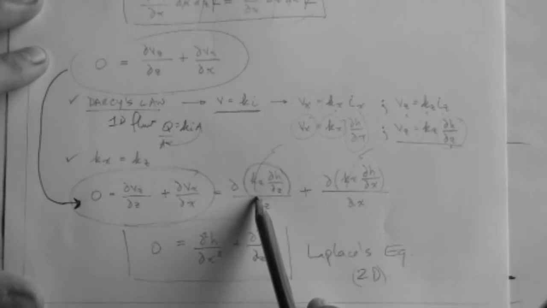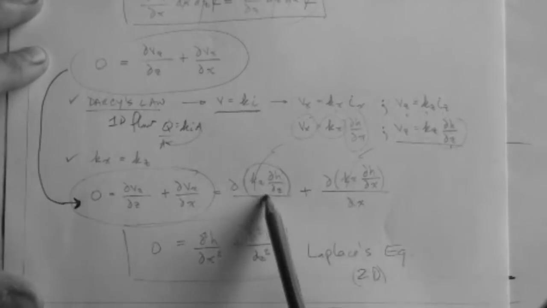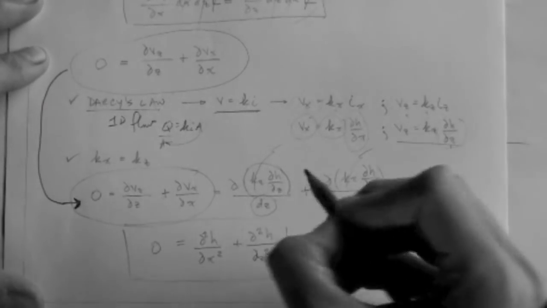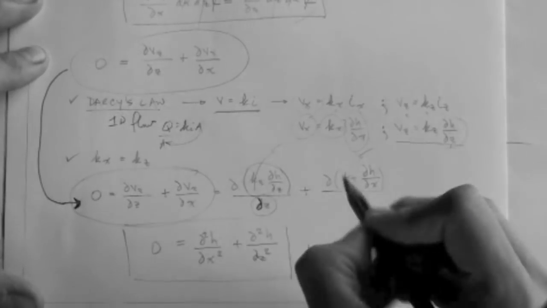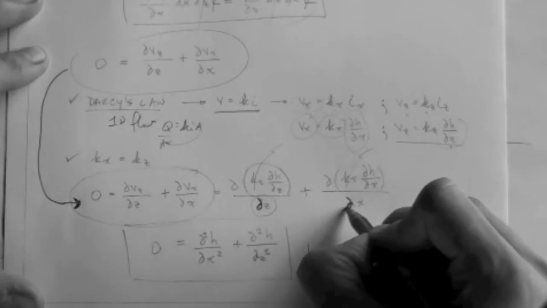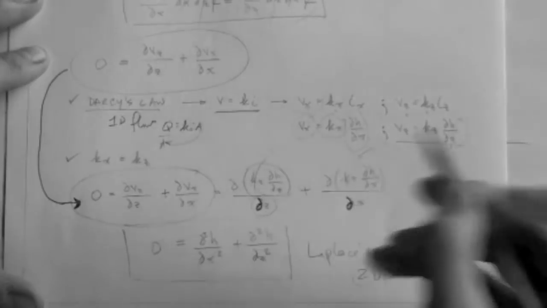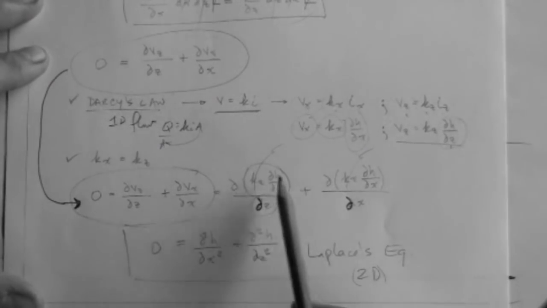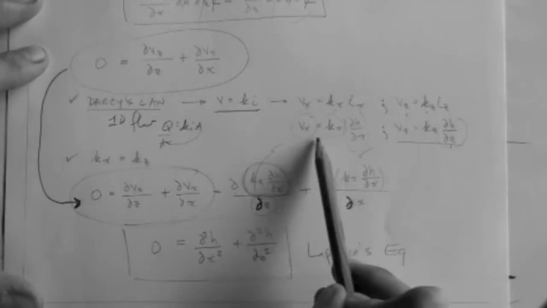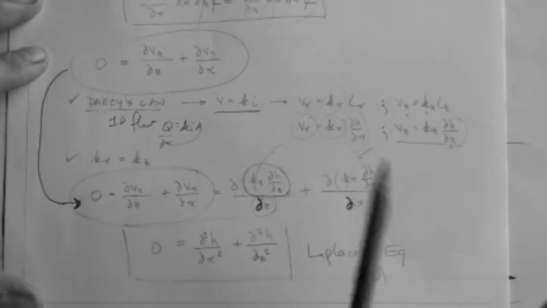d Vz dz. This should be a partial right here. Please correct it in your document. These are partials. Okay? So this right here is Vz, sorry, Vx. Or sorry, Vz.